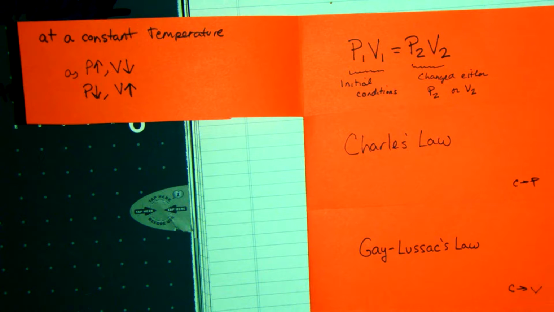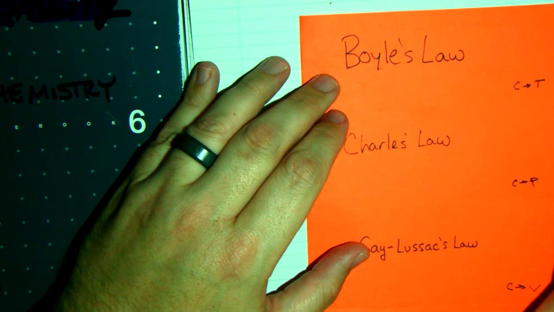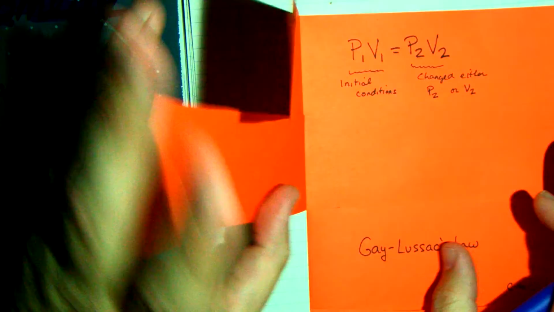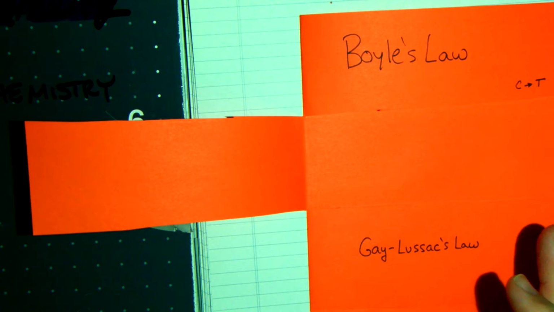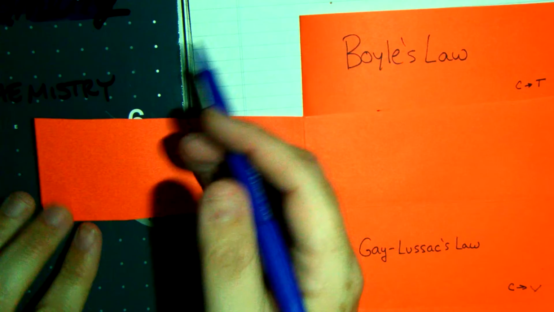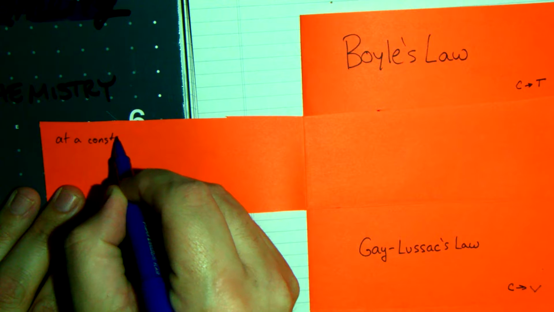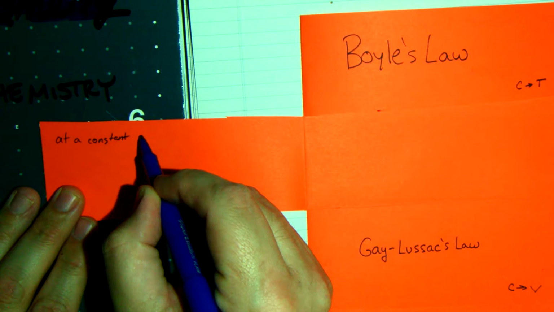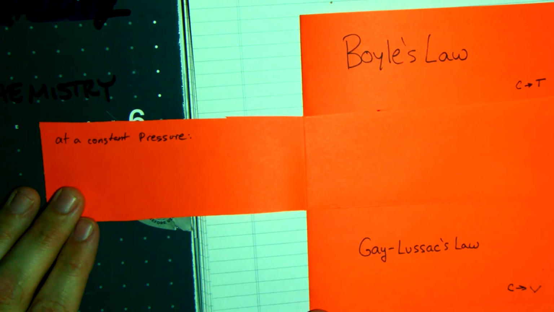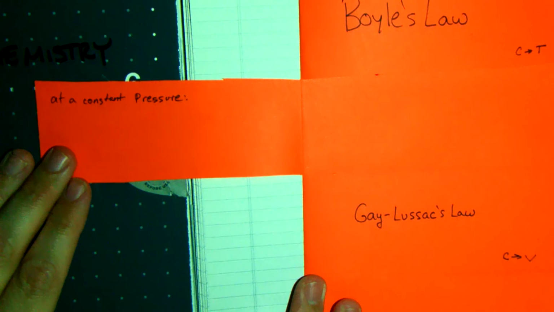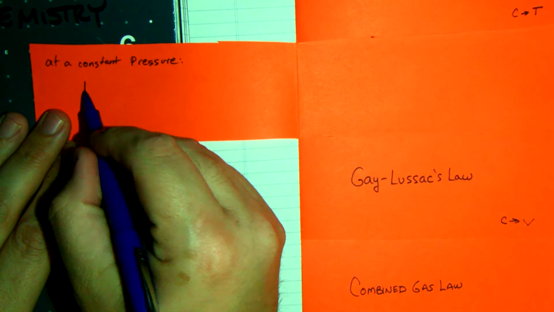Charles' law. The constant is pressure, so we're going to get an equation that doesn't have pressure in it. Over here, at a constant pressure, as temperature increases, volume increases.